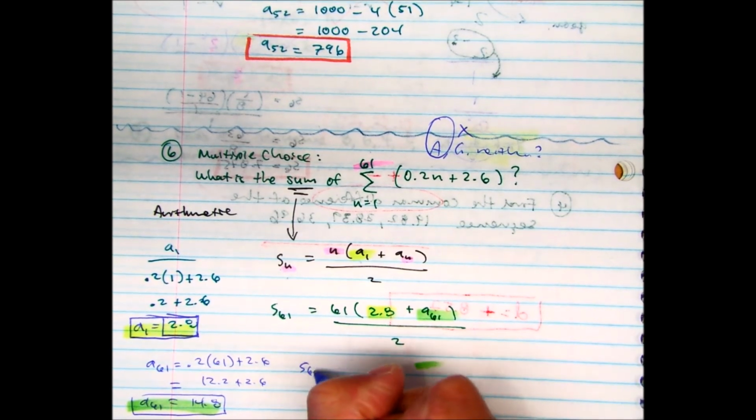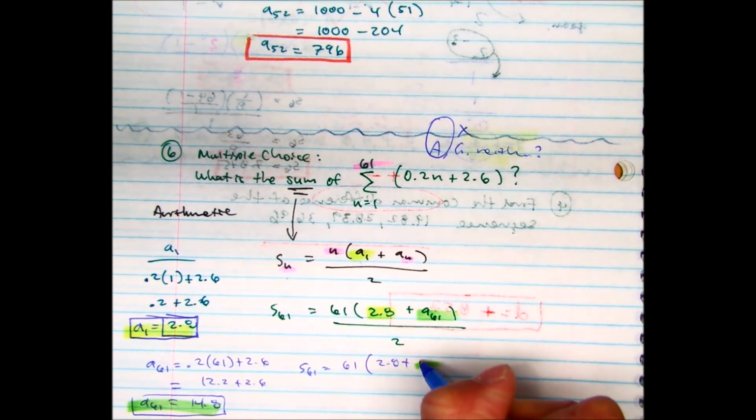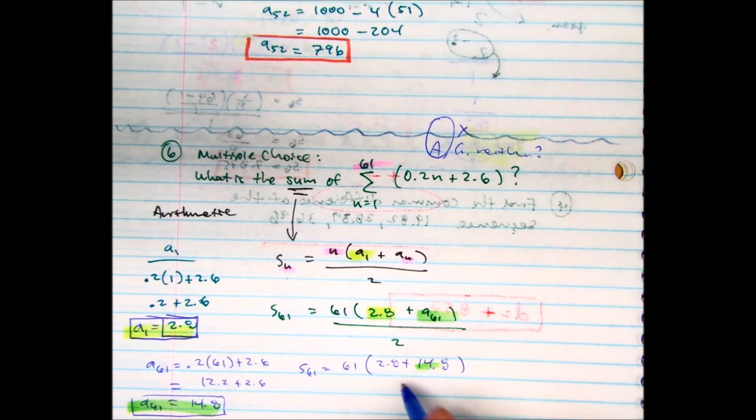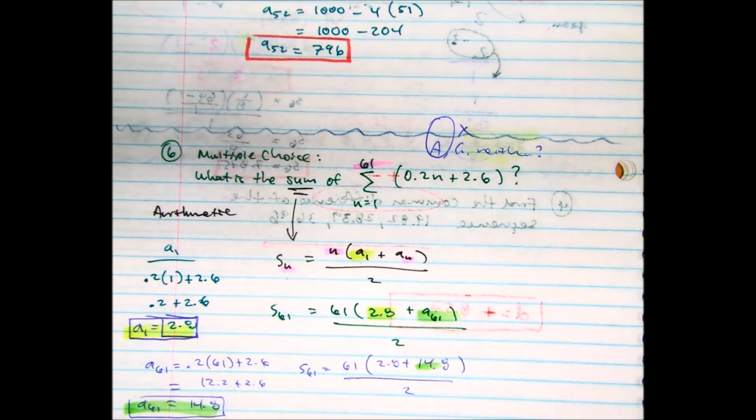So I get S61 equals 61 times 2.8 plus 14.8, all divided by 2. And then I'm going to use order of operations here.